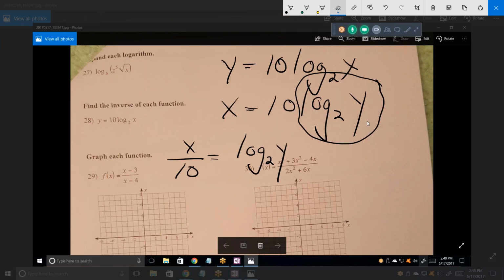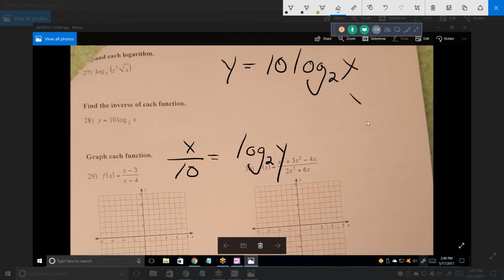Now here comes the tricky part. How do you solve for y at this point? It's not clear. Let me explain.